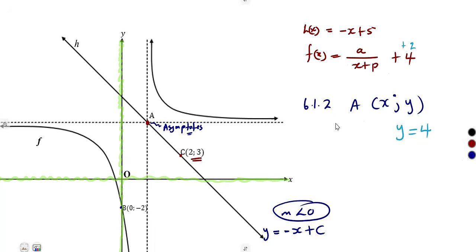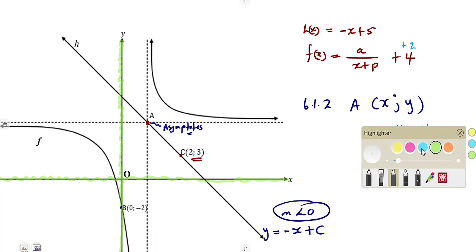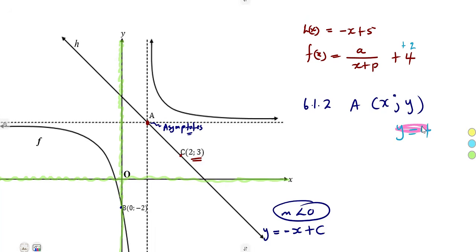So in order for us to have the value of x, we must use the value of y that we have already here. But in order for us to use it, we are supposed to use it either on f(x) or on what? On h(x). Why on h(x)?